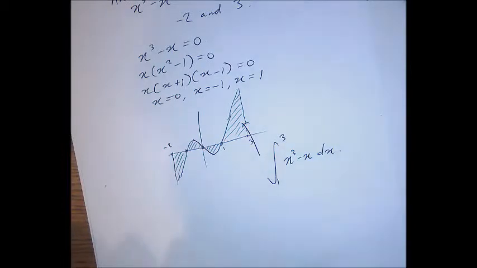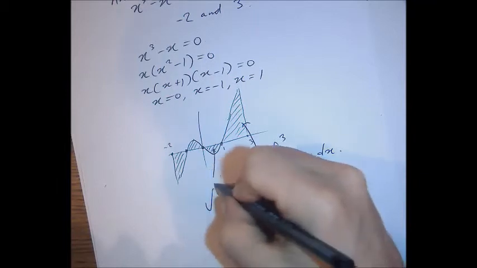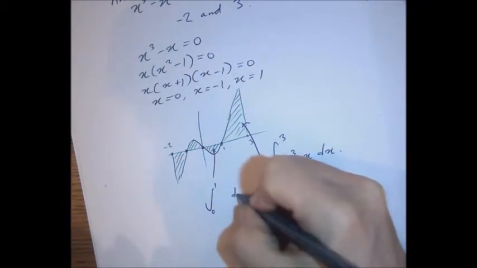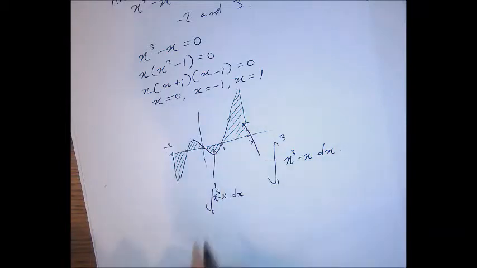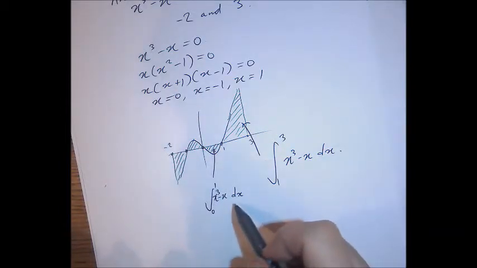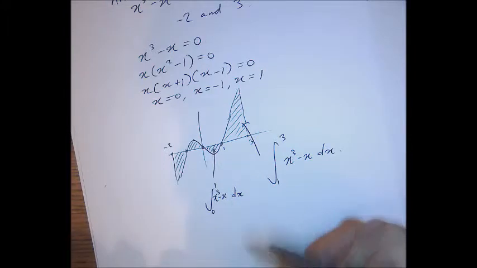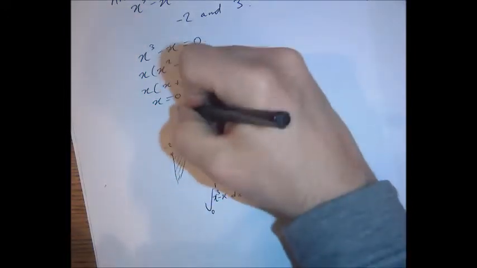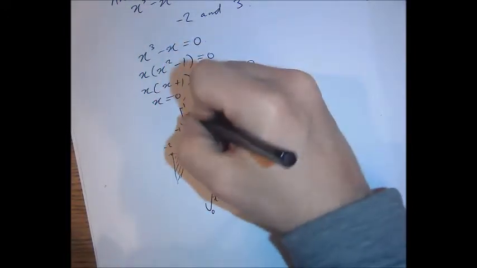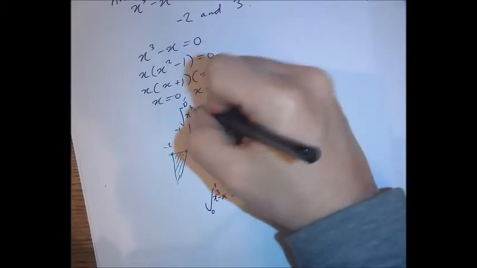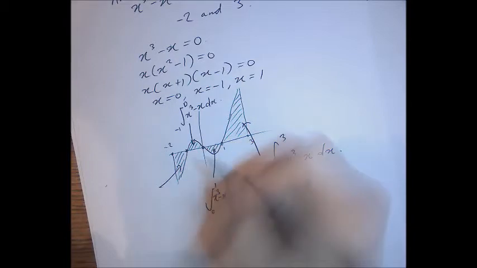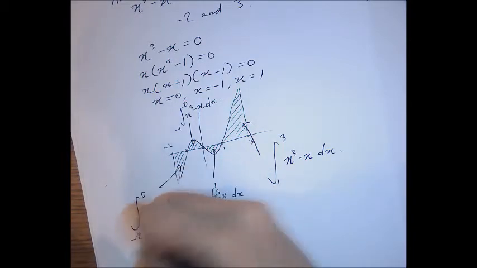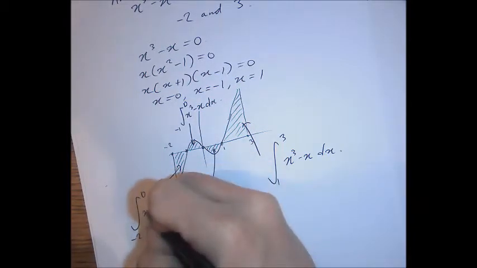Get an answer, don't store it literally, store the positive version of it because that will give you a negative. Work out this. Store it. And finally, work out this. Write it down, or rather don't write literally what you get down, write down the positive version of it and add those 4 things together, and that will be your final area.